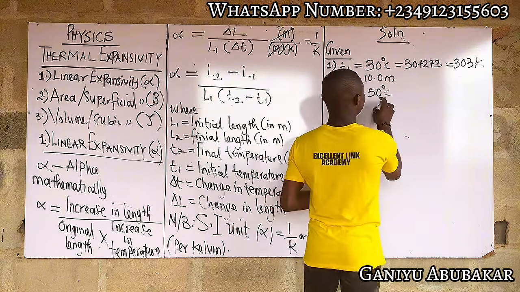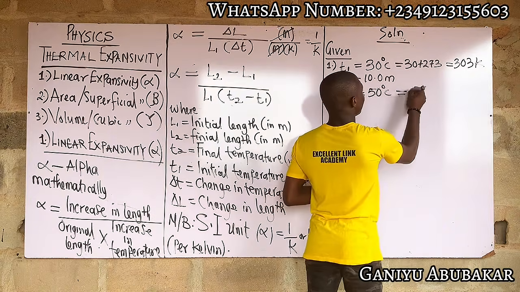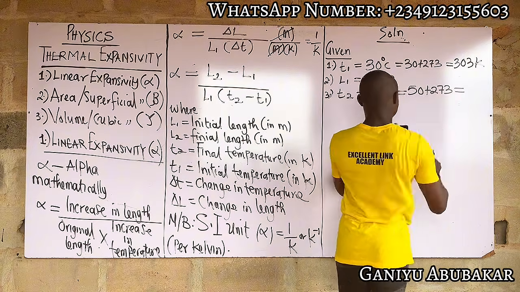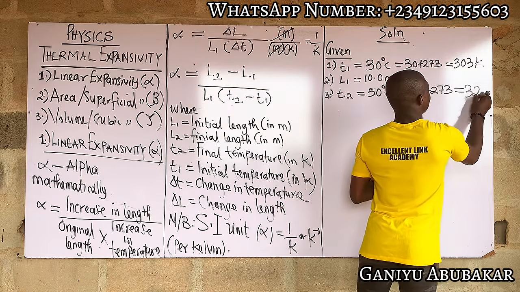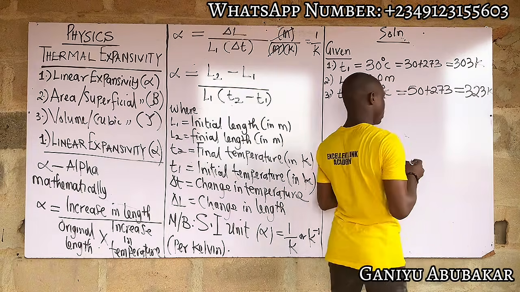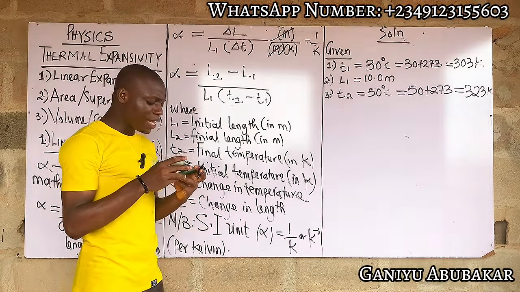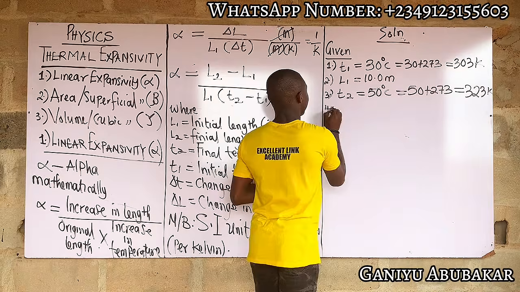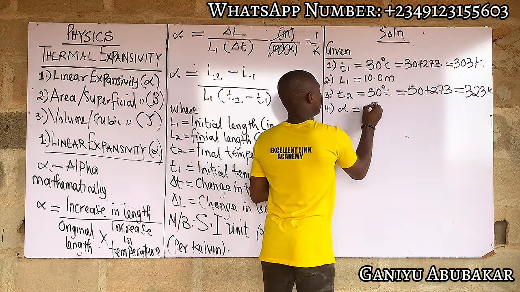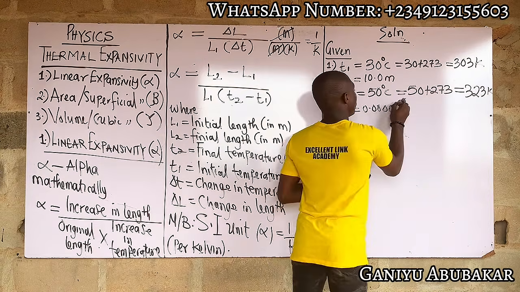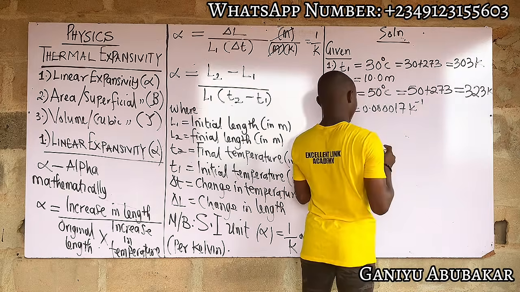Of course, I'll convert this to Kelvin by adding 50 plus 273. This will give about 323 Kelvin. So number 4 there, I'm given alpha, 0.000017 per Kelvin.